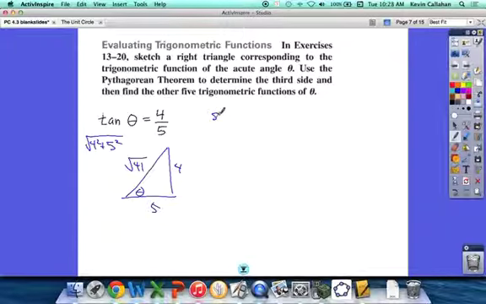And then write them all up. Sine, cosine, tangent, cosecant, secant, cotangent.